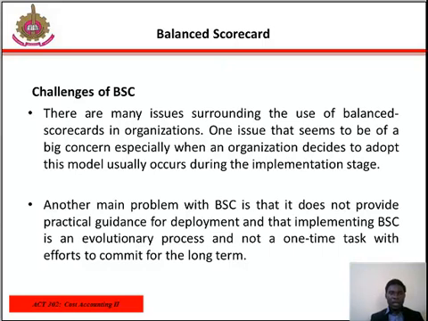Another main problem with the balanced scorecard is that it does not provide practical guidance for deployment, and implementing a balanced scorecard is an evolutionary process and not a one-time task, with efforts to commit for a long time.